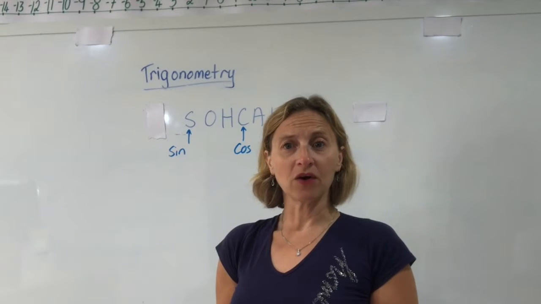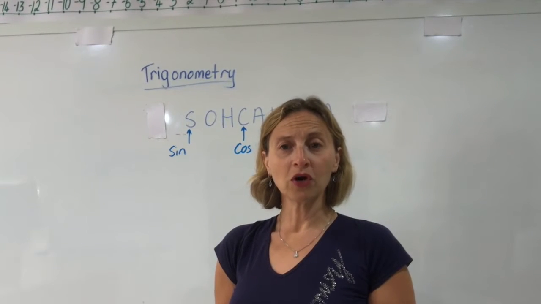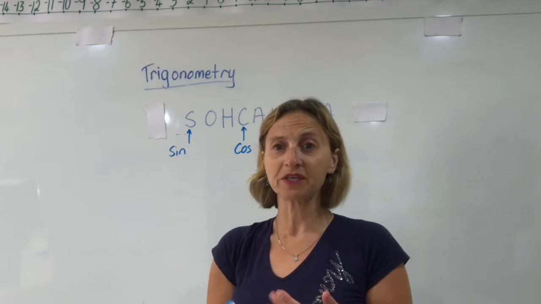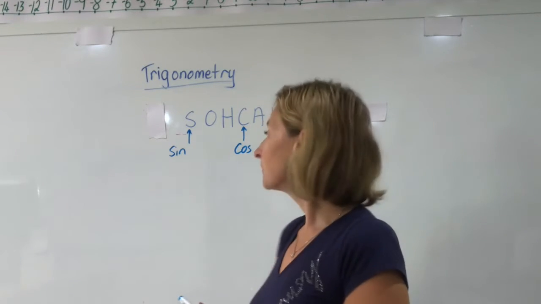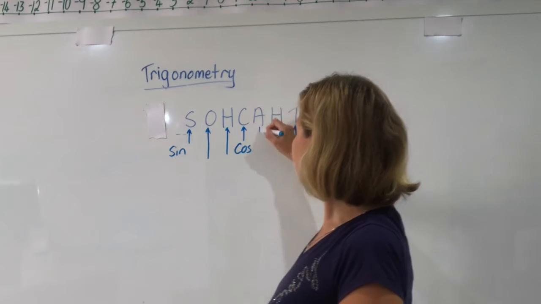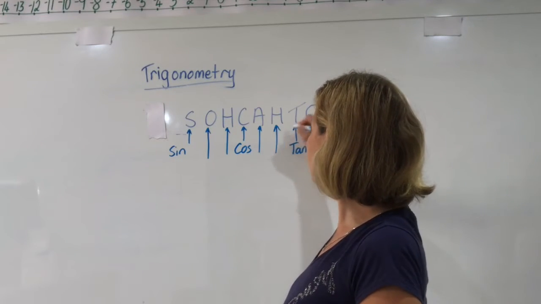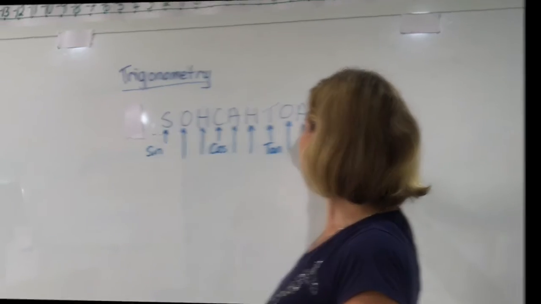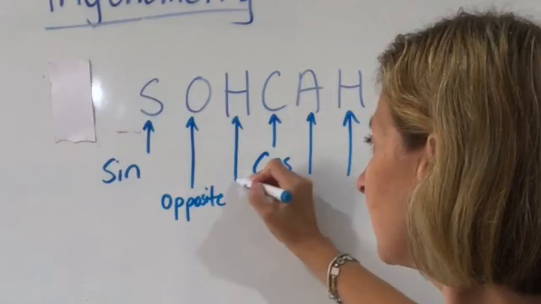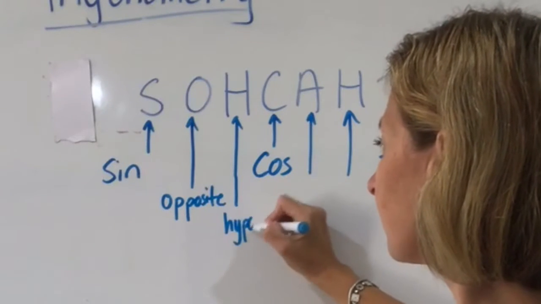If you've watched my video on right-angled triangles, you would know that the first thing you had to do with a right-angled triangle was to label all the sides with the opposite, adjacent, and hypotenuse. These are exactly the same letters as what I used in that video. So we're going to do the same thing. Here, this is the opposite, and here, this is the hypotenuse.